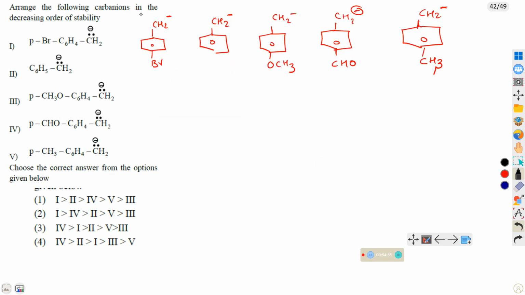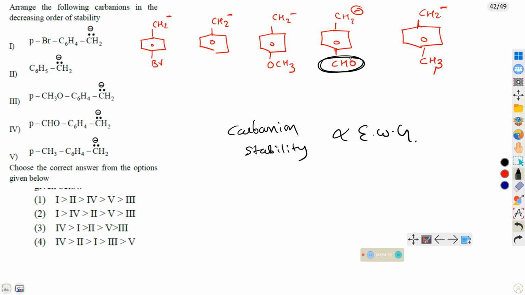Arrange the following carbanions in decreasing order of stability. Carbanion stability is increased by electron withdrawing groups. Among these, the CHO group is an electron withdrawing group, minus I group, minus R group. This is a minus I group, plus R group.